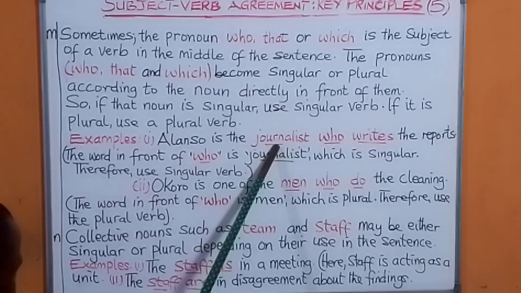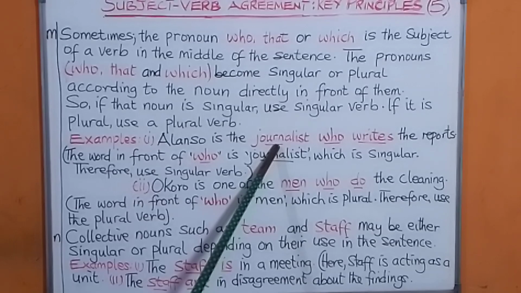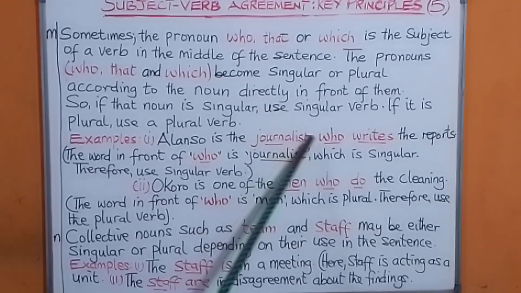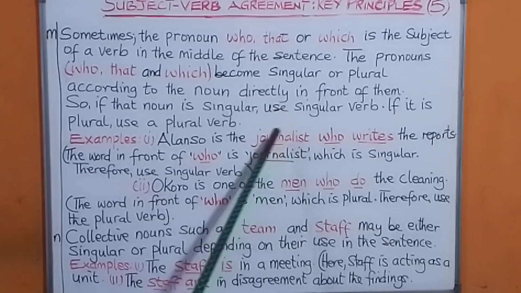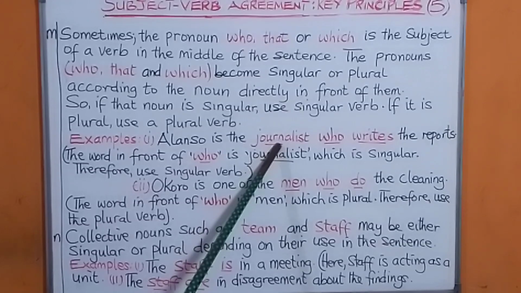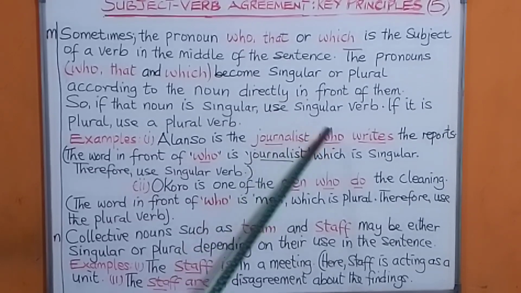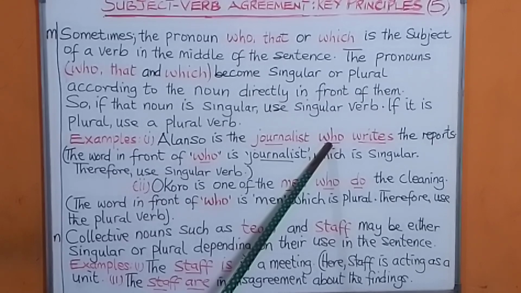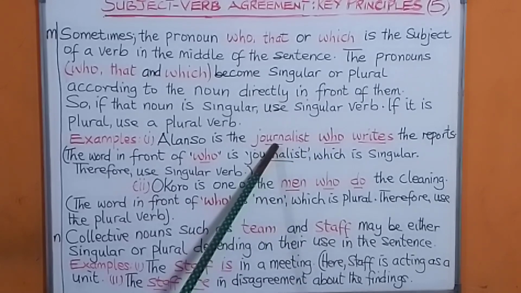Alonso is the journalist who. Now you find out that this subject, journalist, with the who, is a singular subject.